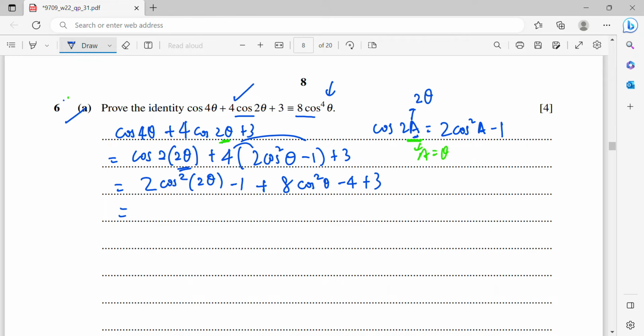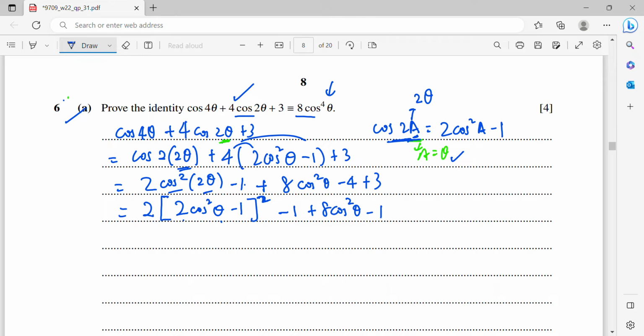For your information, the 2 cos squared 2 theta is basically 2, then cos 2 theta with the square outside. But for the cos 2 theta, I'm going to use the formula again. Now my a is theta, so I will get 2 cos squared theta minus 1. Then don't forget the minus 1 at the back. Plus 8 cos squared theta minus 4 plus 3 is minus 1.